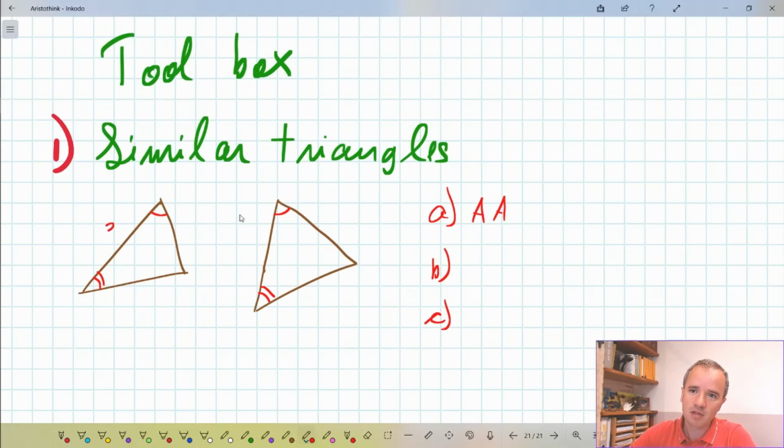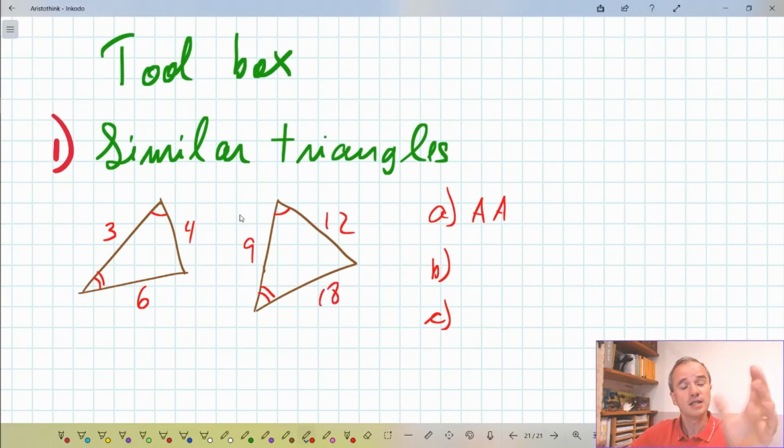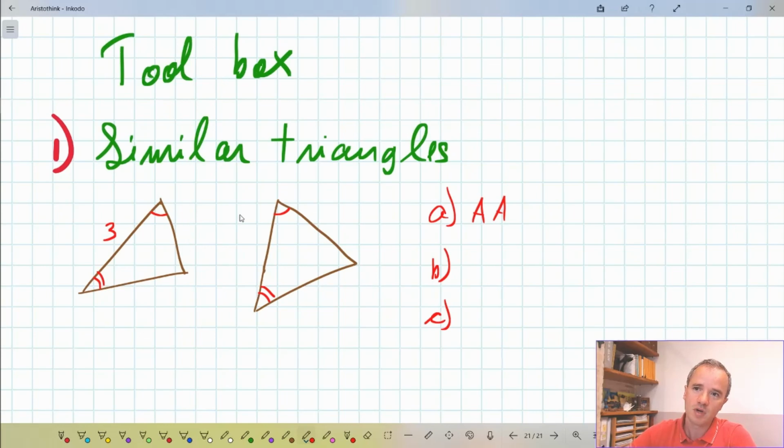Maybe this one is 3, 4, 6, and if they are similar, this one could be 6, 8, 12, double, or maybe 9, 12, 18. You see, they are similar. You can zoom in or zoom out, but they are going to have the same shape, although they are not going to have equal lengths.